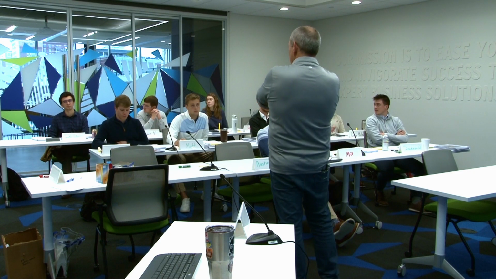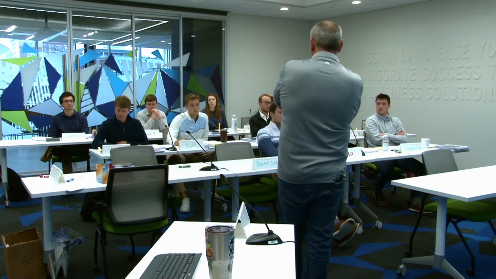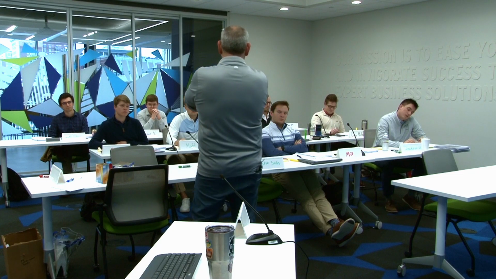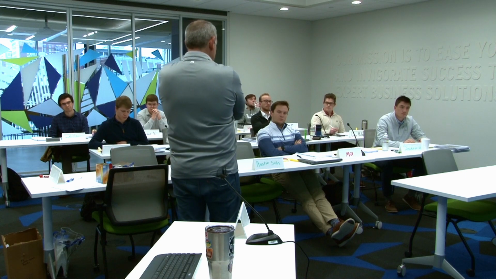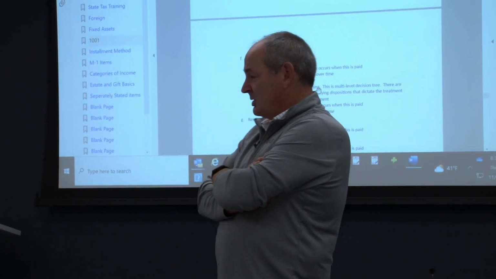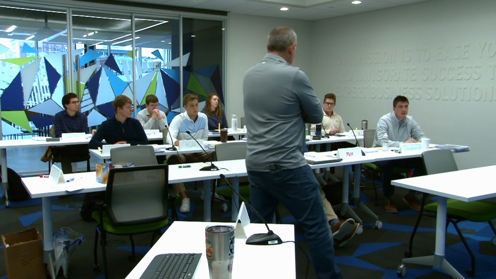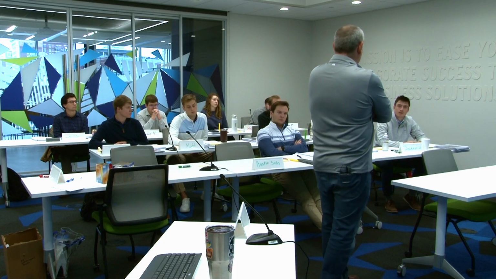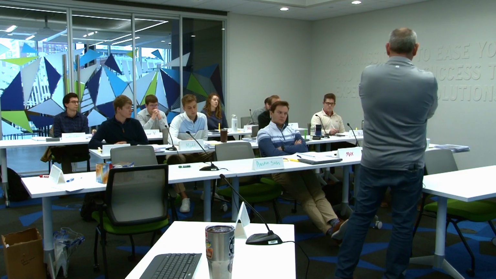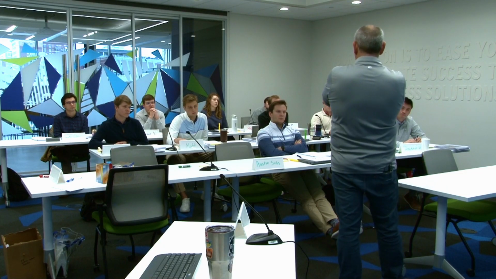Is that like what income is? Anytime you have, yes, income. It defines income. So anytime you have an accession to wealth, 61 says, unless there's an exclusion, it's income. Did you have an accession to wealth? How much? I got $500 of value. Yeah, but how much did you have to pay for it? Oh, sorry, 100. So there's $400 of accession to wealth.